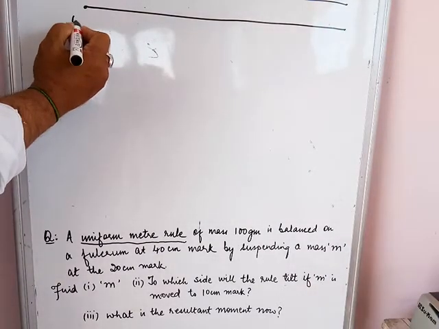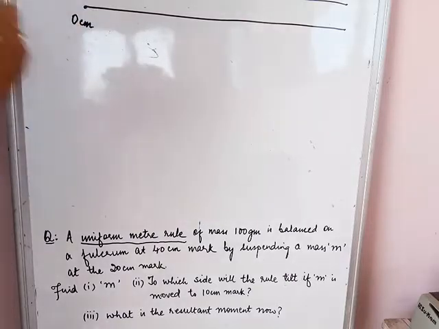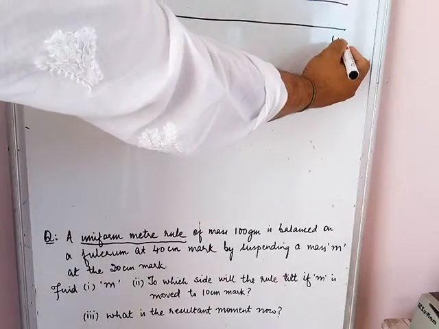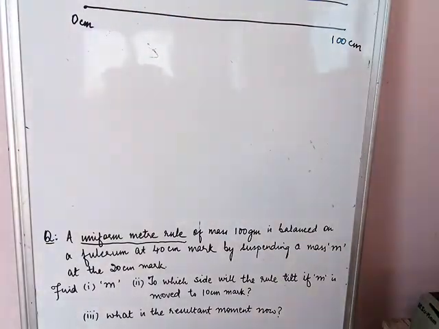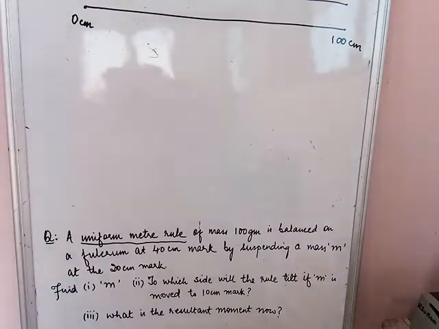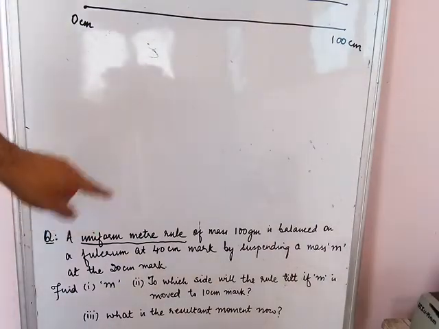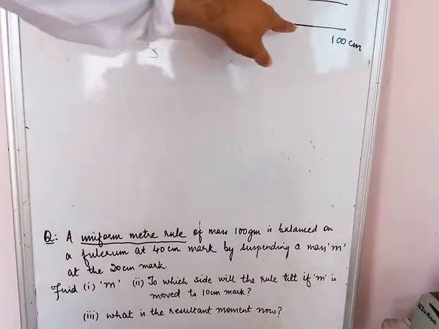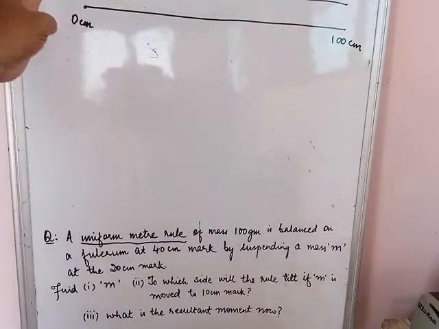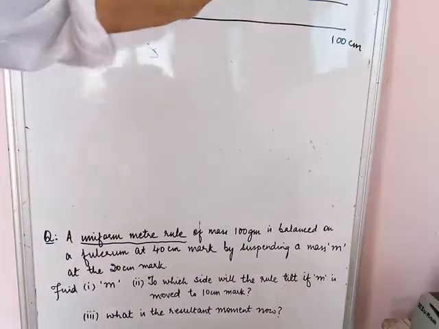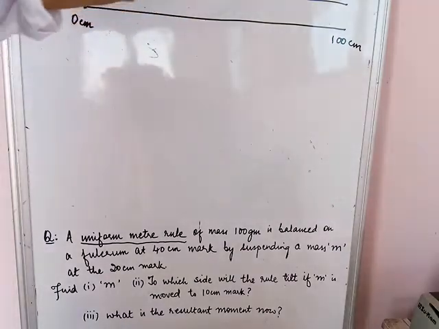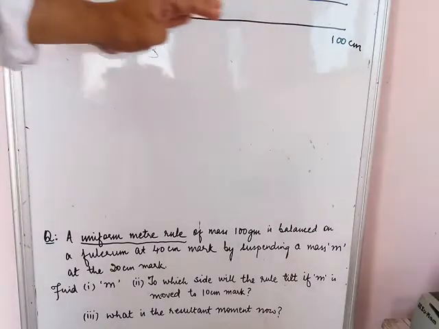Since it's a meter rule, you will have 0 centimeter over here and 100 centimeter at the other end. It is 1 meter in length. The word uniform over here means that the mass is equally and uniformly distributed throughout the ruler. That means the ruler is uniform throughout. It is not thick at one end, it is not thin at the other end.